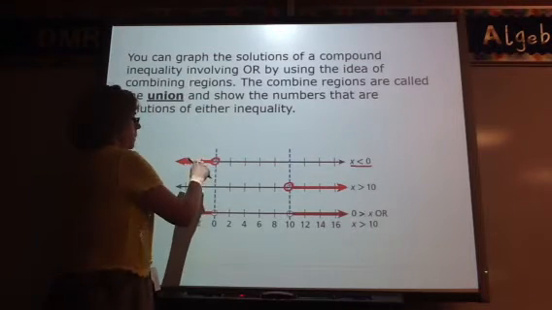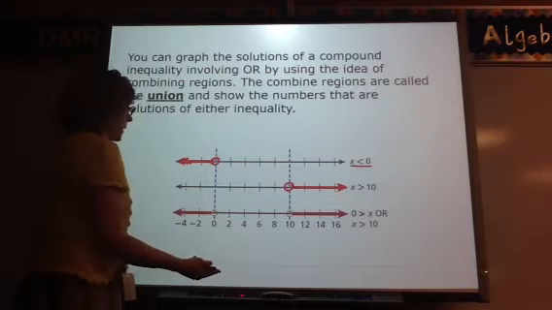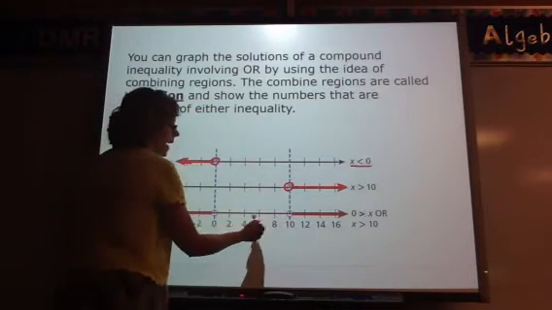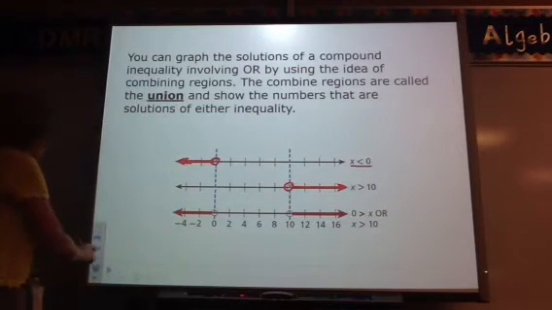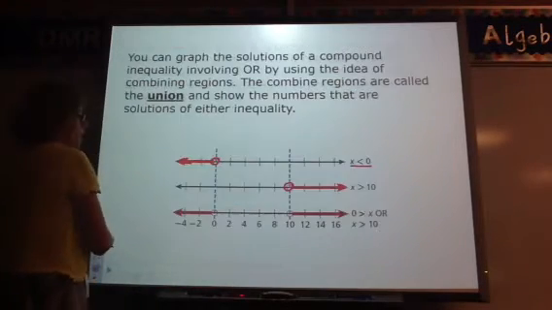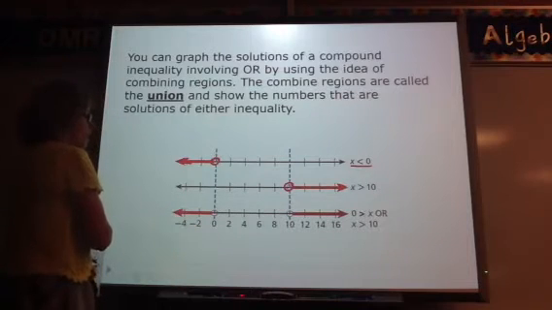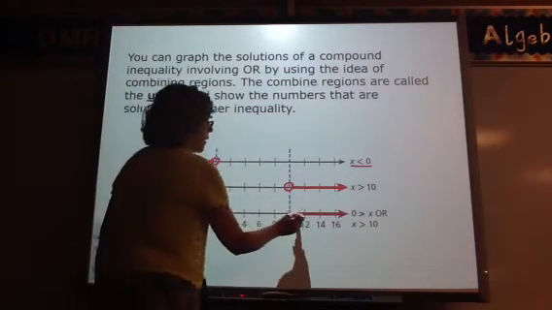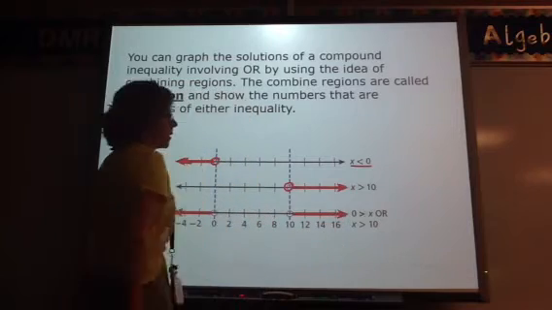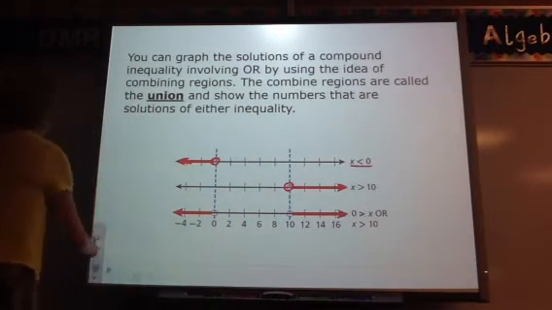Okay? So when I combine these two inequalities, that's why it's called a compound inequality, there's nothing that they have overlapping. If you look at the Venn diagram, there's nothing in the overlap of the Venn diagram. So in your final graph, you'd have your solution set less than 0 and your solution set greater than 10. So that's why you get the or, O-R.